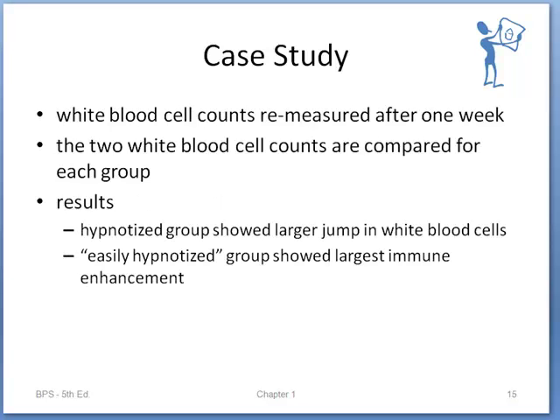Now, the white blood cell counts were remeasured after 1 week. The two white blood cell counts are compared for each group, the before and the after, and then the results were taken. The results ended up being that the hypnotized group showed larger jumps in white blood cells. The easily hypnotized group showed the largest immune enhancement.